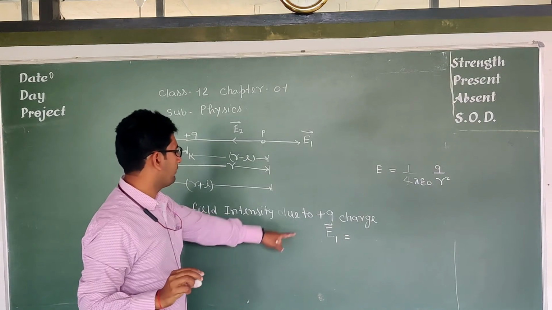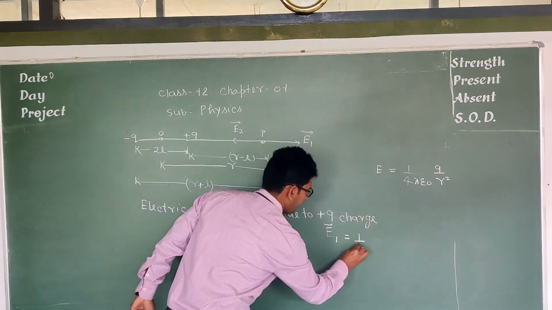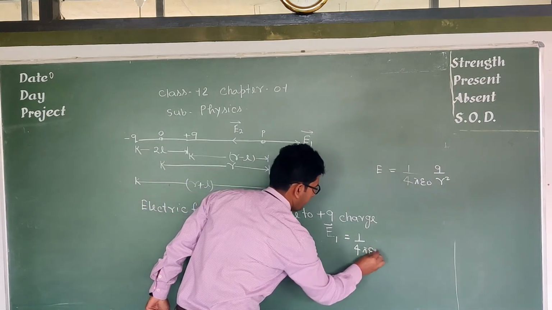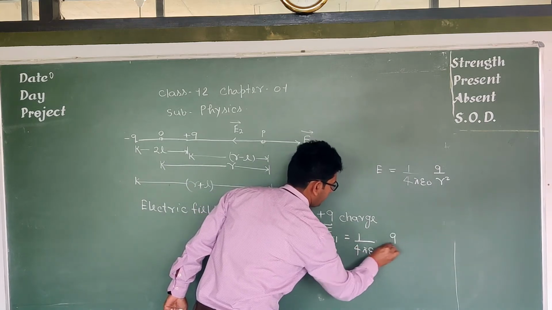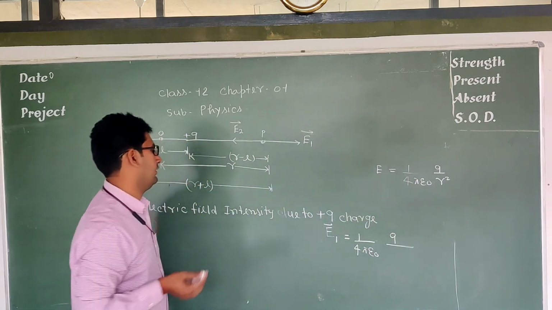So E1 equals 1 by 4 pi epsilon naught Q divided by R square.